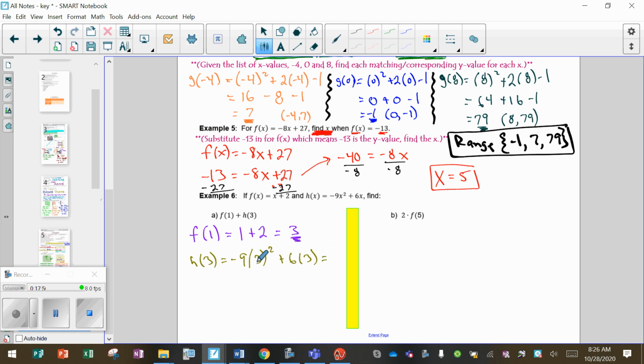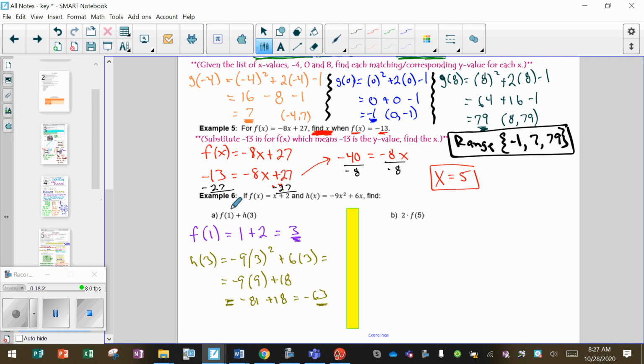I go to my calculator. 3 squared is 9, 6 times 3 is 18, negative 9 times 9 is 81, negative 81, plus 18 is negative 63. There we go.